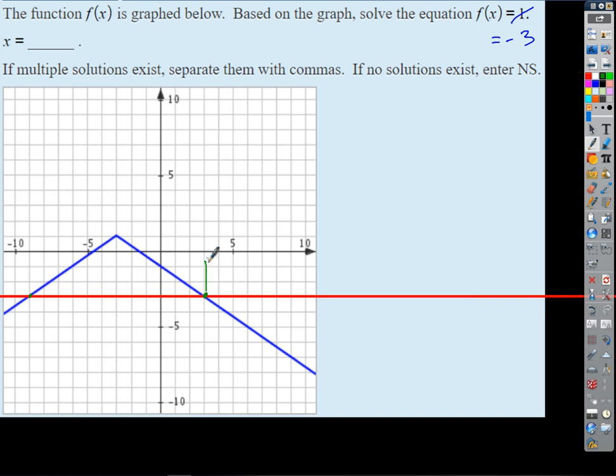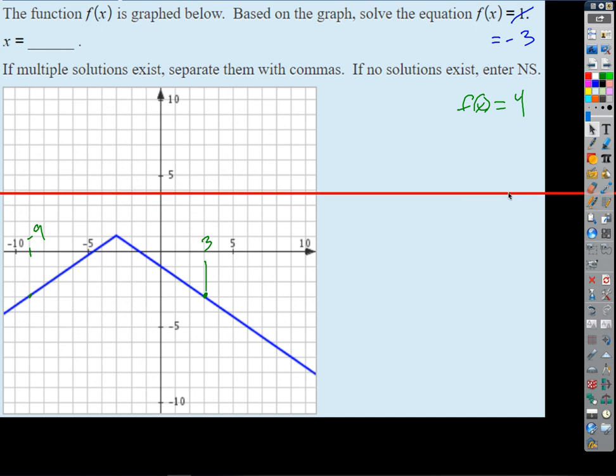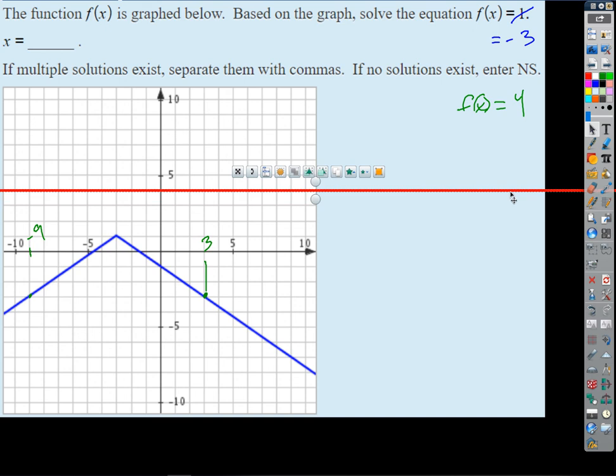So what are those x values? -9, right? Okay, what if instead we did f of x equals +4? What are the solutions? No real solutions, right? No intersection, okay?